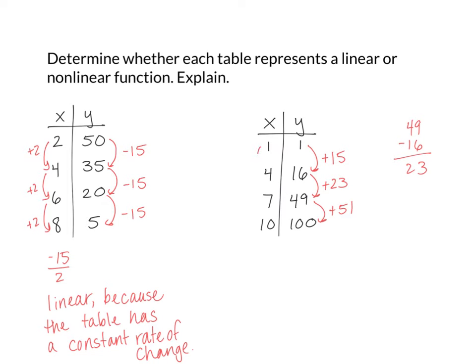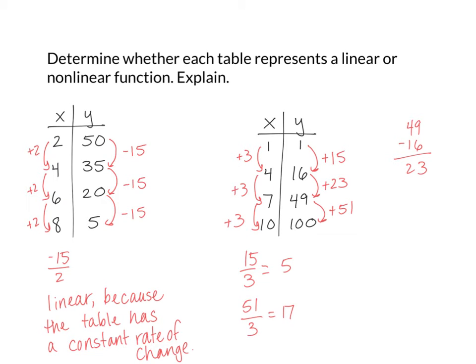Okay, so let's look at the change in x. From 1 to 4 is positive 3. From 4 to 7 is positive 3. And from 7 to 10 is positive 3. Now let's look at the ratios of 15 over 3 and 51 over 3. So the ratio of 15 over 3 equals 5, but 51 divided by 3 is 17.